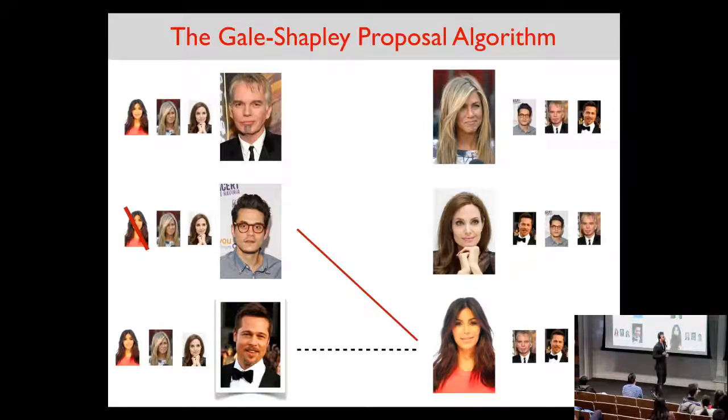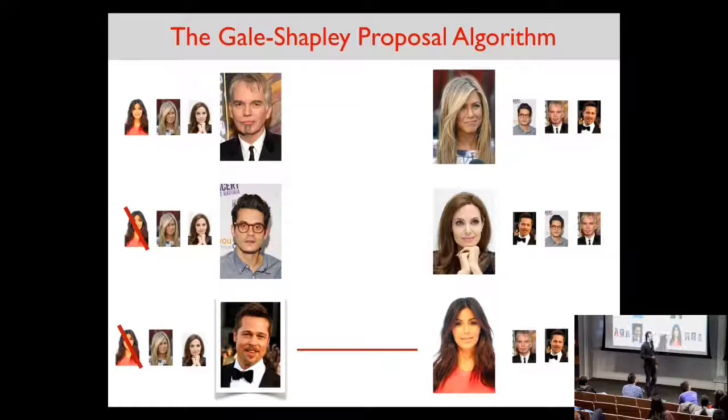I don't care about John Mayer. And he does. Kim Kardashian is like, yay. She dumps John Mayer and says, okay, I'm going to be matched with you, Brad. Brad is happy, and he crosses Kim Kardashian off his list. That's the second iteration.